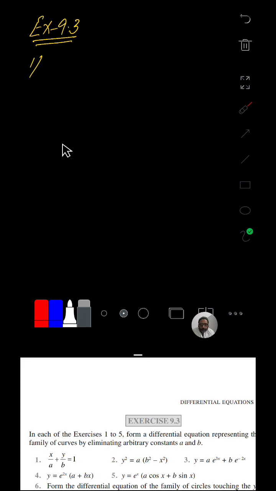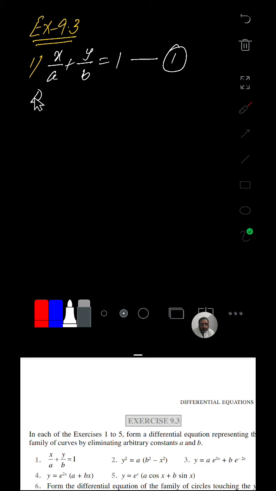In each of the exercises 1 to 5, form a differential equation representing the family of curves by eliminating arbitrary constants a and b. So first one is x upon a plus y upon b is equal to 1. As I said, there are 2 arbitrary constants, so we can differentiate this equation twice to eliminate these arbitrary constants.